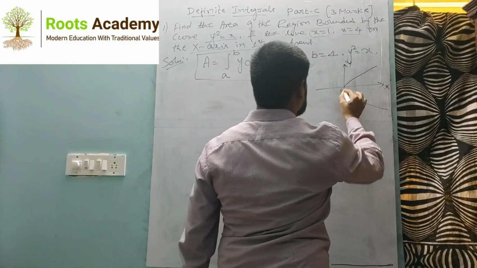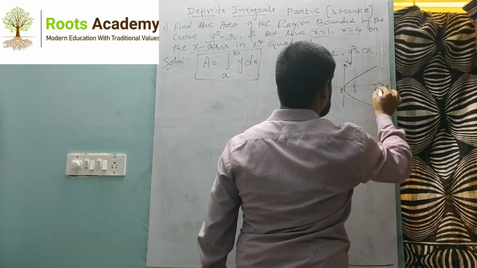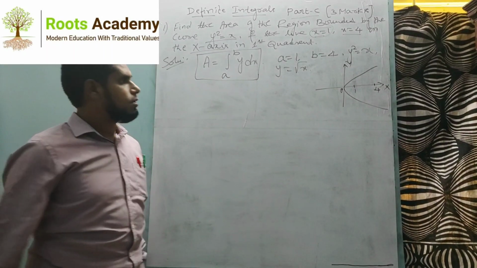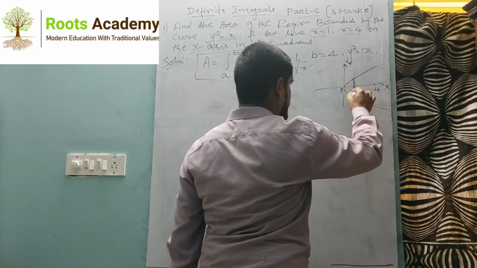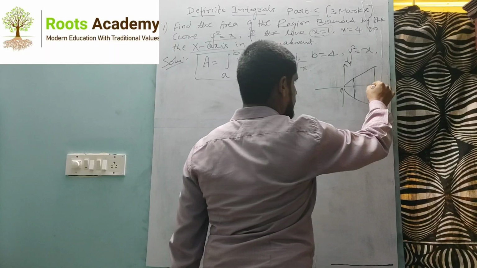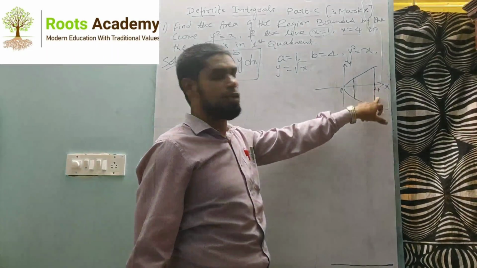If this is 0, let's take x is 1 here and x is 4 here. If we plot the lines like this, x is equal to 1 is there, x is equal to 4 is there.